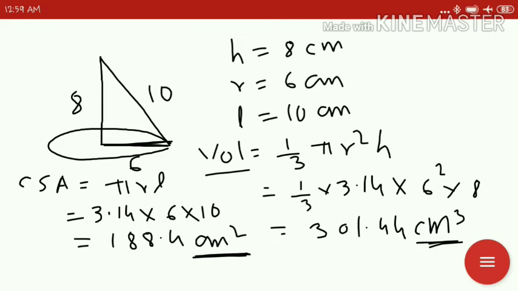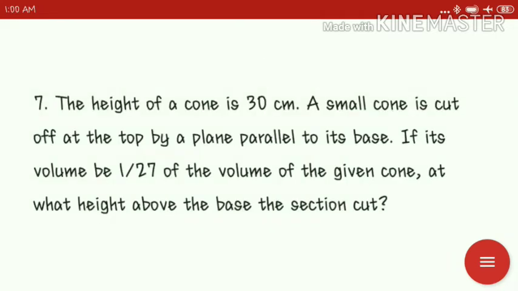So that's the answer. Here is question number 7. The height of a cone is 30 centimeter. A small cone is cut off at the top by a plane parallel to its base. If its volume is 1/27 of the volume of the given cone, at what height above the base is the section cut? You can draw the figure for your help and then try to do the solution.